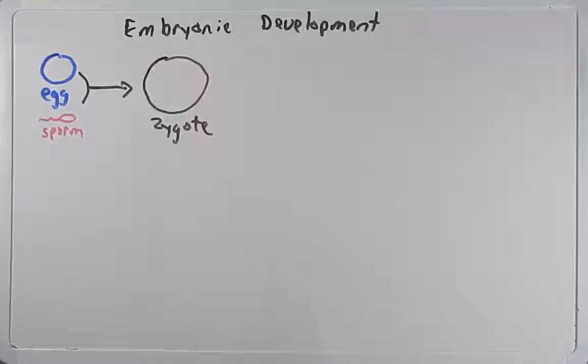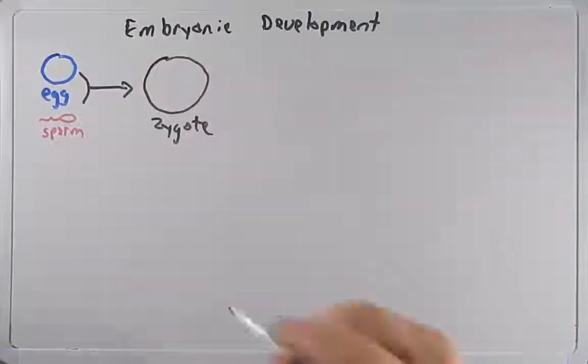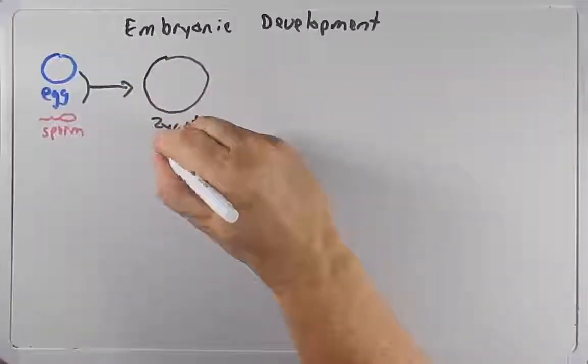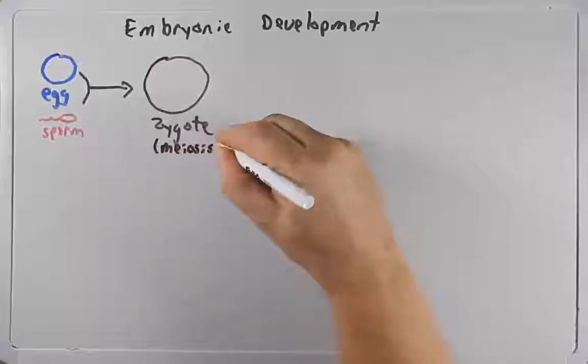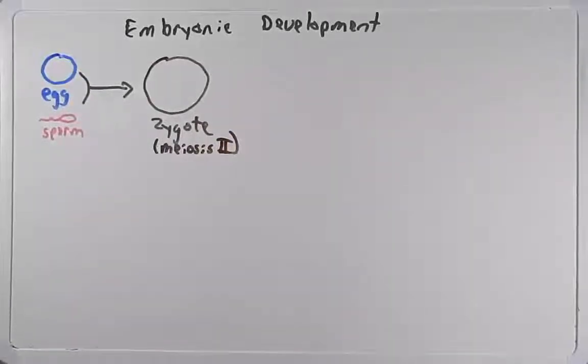Okay, so they form this zygote. Remember in our discussion with egg development in the last podcast, we talked about how there was a meiotic arrest during its development. And once it's fertilized, this is when the embryo can now re-enter meiosis, and then it'll start meiosis 2 after it's been fertilized.